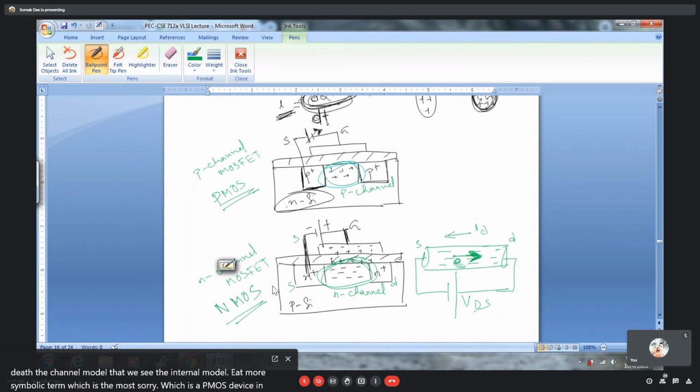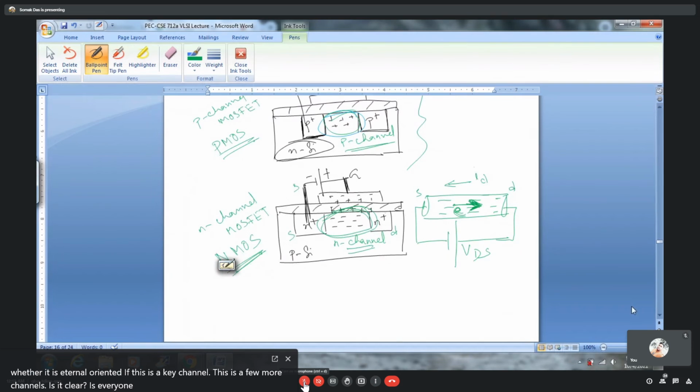So what kind of MOS device this structure is depends on what the channel is, whether it is a P channel or N channel. If this is a P channel, this is a PMOS device. If this is the N channel, this is an NMOS device. Is it clear? Yes, sir.